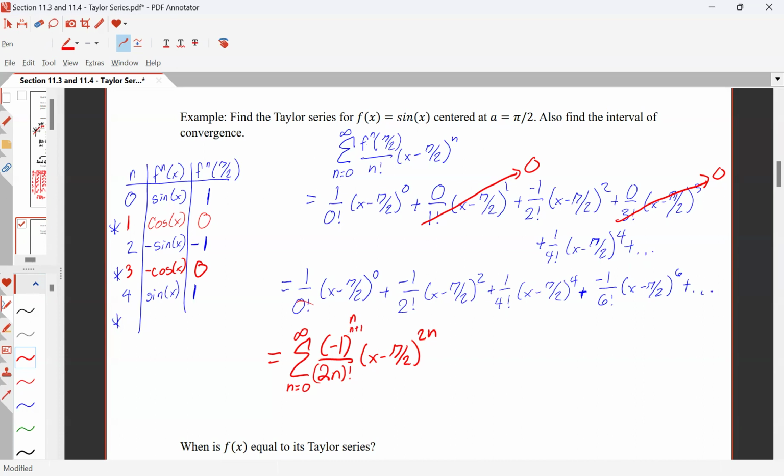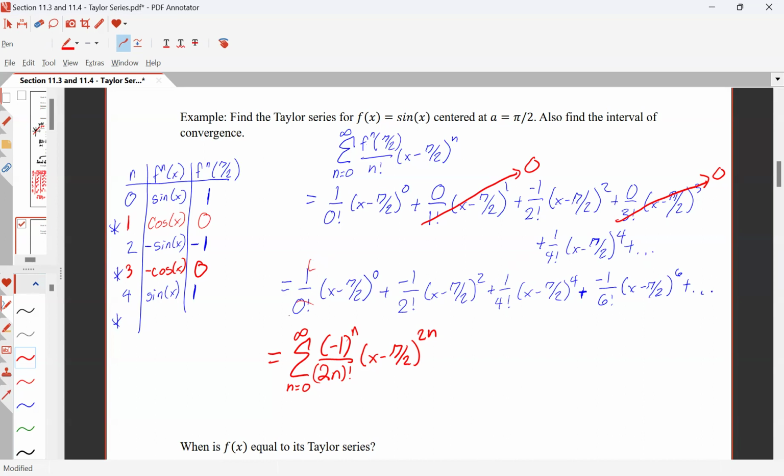Well, if I plug in 0, I want a +1. So I want -1 to an even number. 0 is even, so this should be n. When I plug in 1, I'd have -1 to the first. Perfect. -1 to the first is -1. N equals 2, -1 squared is 1.